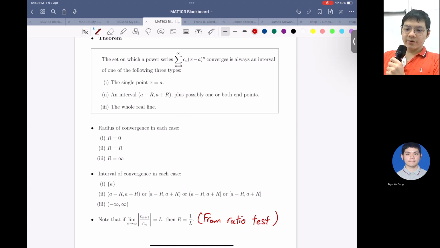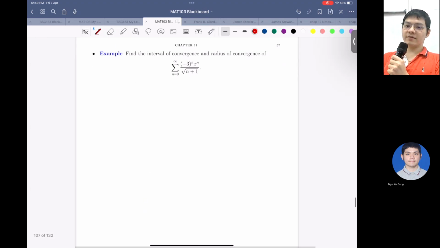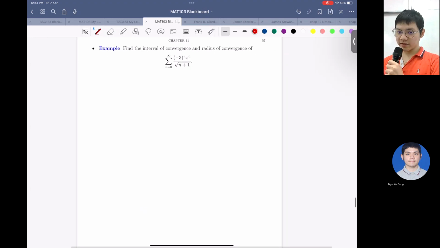Okay, so what time is it? 12:40. Maybe try one of these. Try one of these. See if you can find the interval of convergence and the radius.